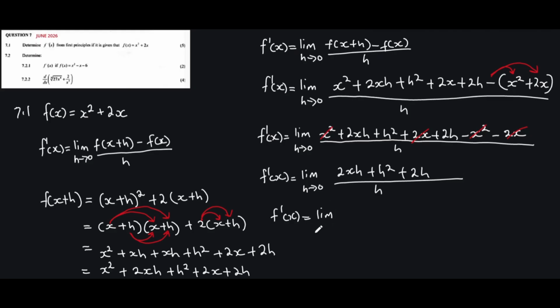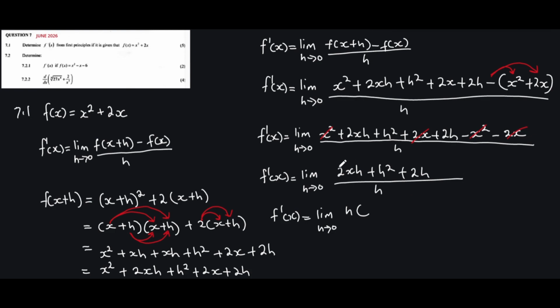So we're going to have f prime x equals the limit when h approaches 0. But if you can see on the numerator, we have h in the first term, second term, and the last term. So meaning h is our common factor there. So we can take out h as a common factor. So when we take h as a common factor, we're just going to write h there, and we open the brackets.